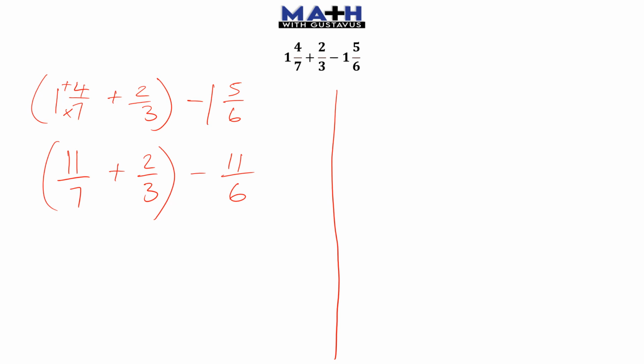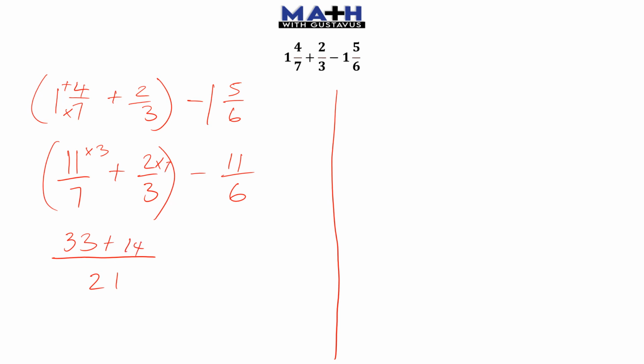Given that we're adding in the bracket, we need to find a common denominator. Now the common denominator of 7 and 3 is 21. Now 7 into 21, that goes 3 times. 11 times 3, that's 33. Now 3 into 21, that goes 7 times. So 7 times 2, or 2 times 7, is 14.